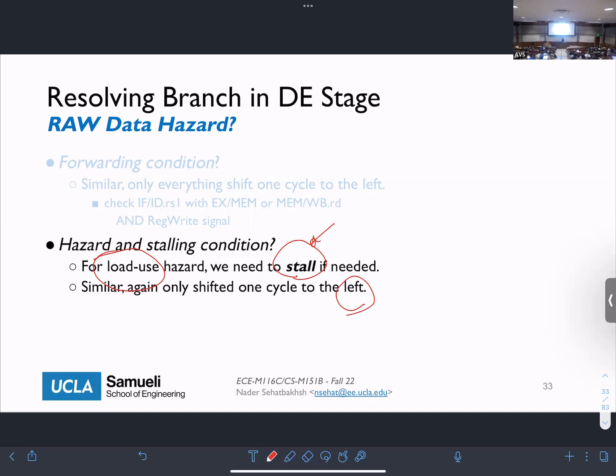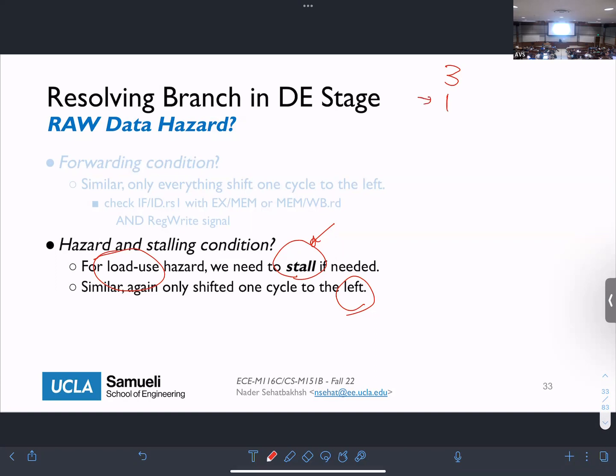So if we have a branch that has a RAW data hazard with load use, we need to stall for one additional cycle and then forward. So remember, if we didn't do anything, we had 3 cycles. If we do the correct forwarding and move everything to the decode stage, we have 1.